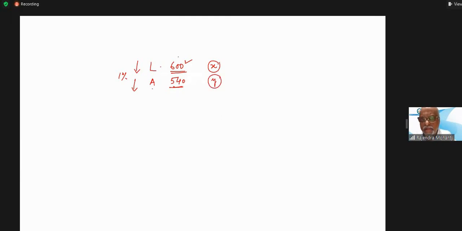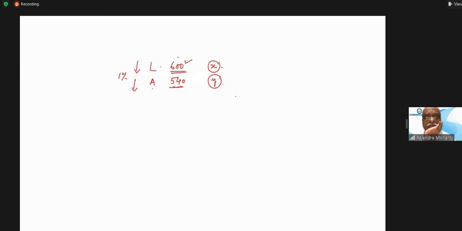Now tell me, according to these two figures, whether X will be more or Y will be more. X will be more. X will always be more, because the liability side is larger than the asset side and 1% is decreased uniformly.